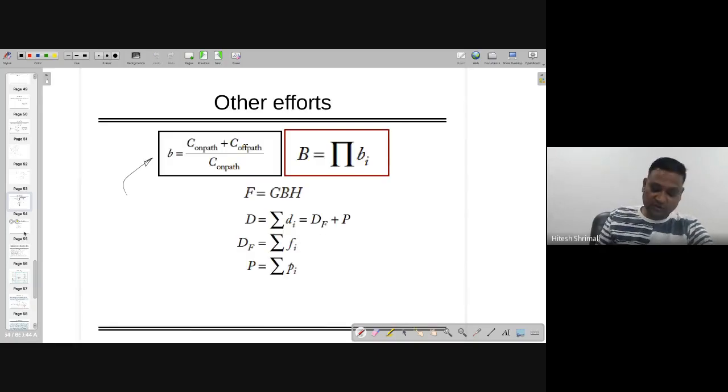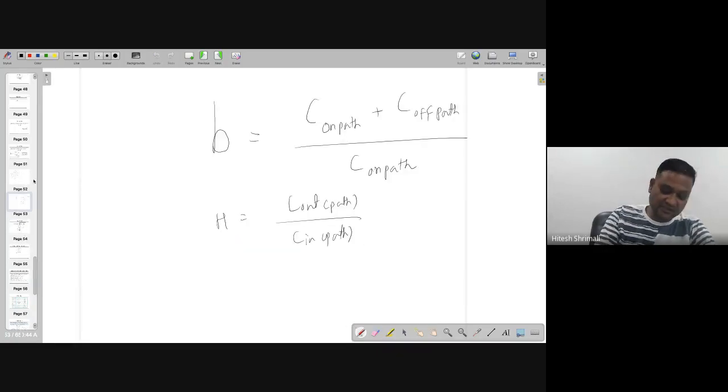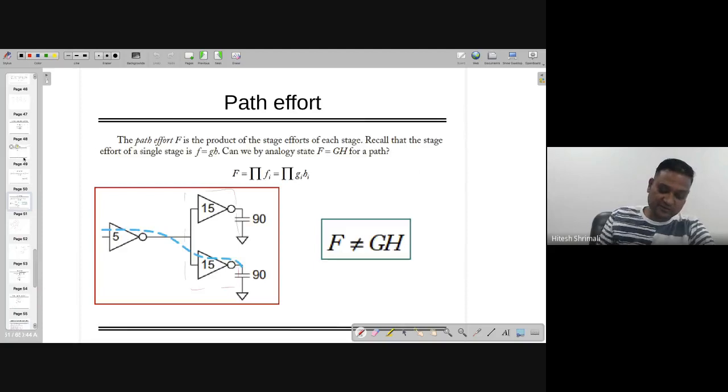Already G is known to us. G is the multiplication of all other things which are on path. So F is not equal to GH for this branching, but F is equal to GBH, where B is nothing but C off path plus C on path divided by C on path.